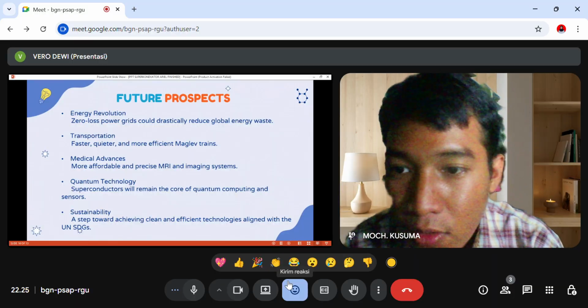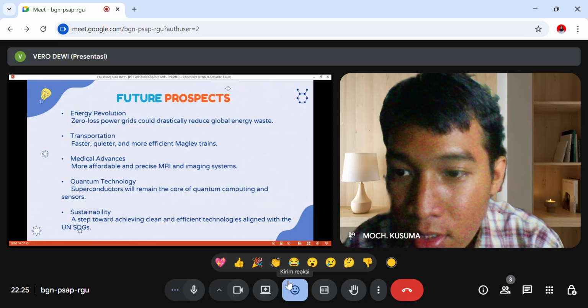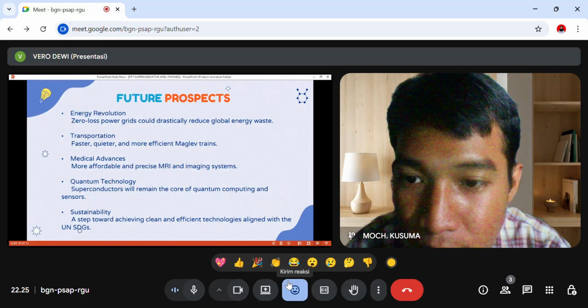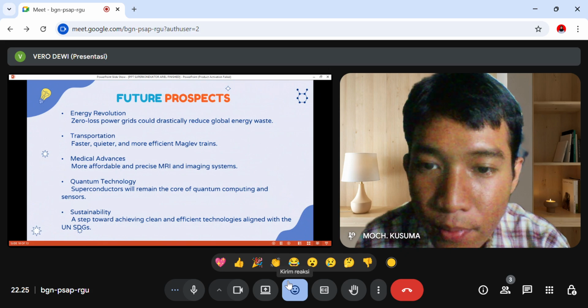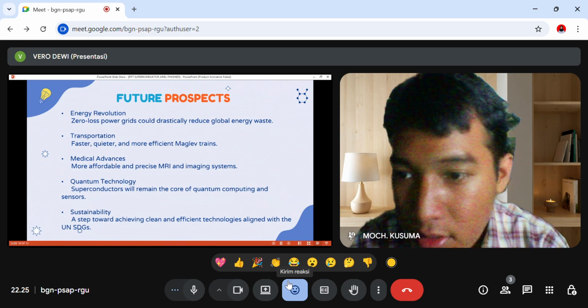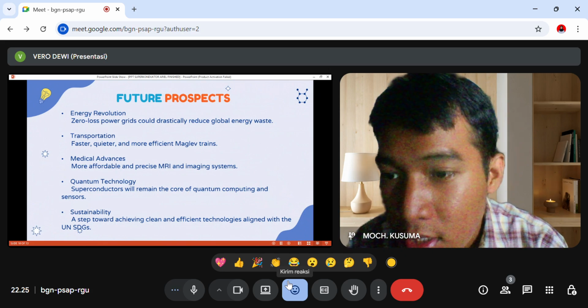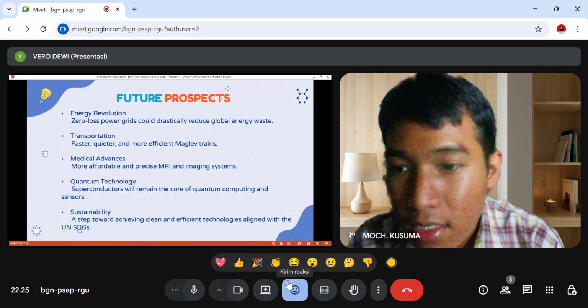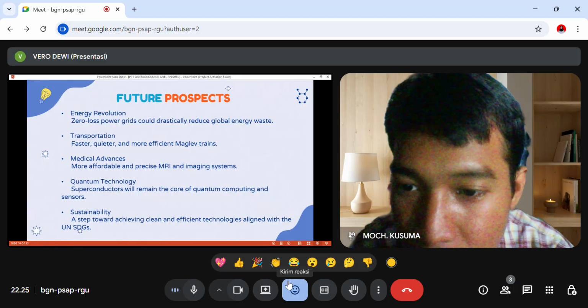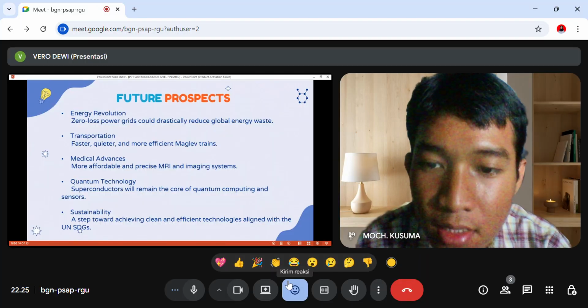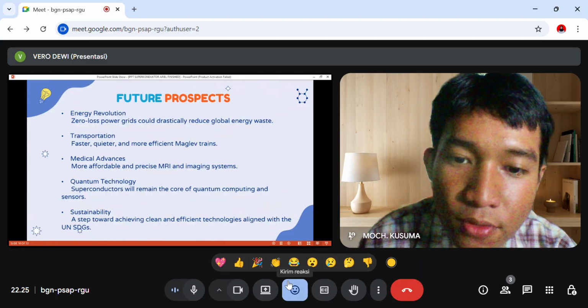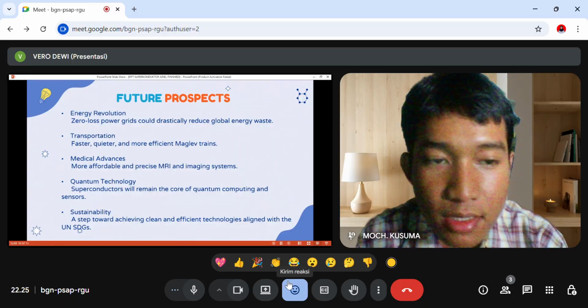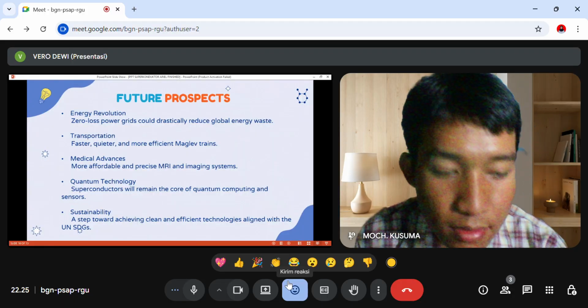And fourth, quantum technology. Superconductors will remain the core of quantum computing and sensors. And at last, sustainability, a step toward achieving clean and efficient technologies aligned with the SDGs.